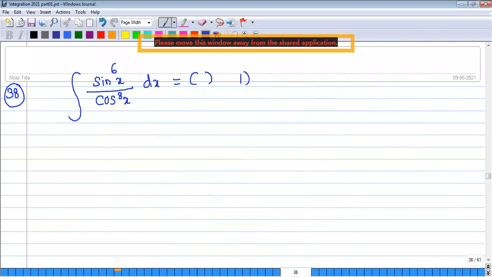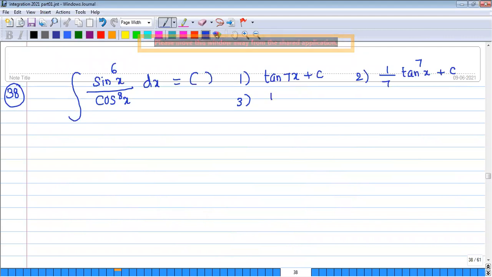First option is tan 7x plus c. Second one is 1 by 7 times tan x to the power of 7 plus c. Third one is 1 by 7 times tan 7x. Fourth one is secant x to the power of 7 plus c.